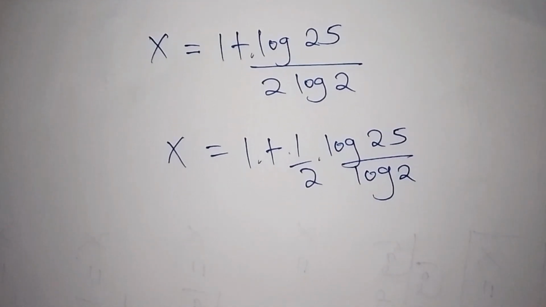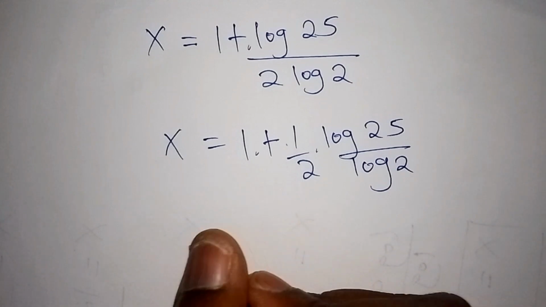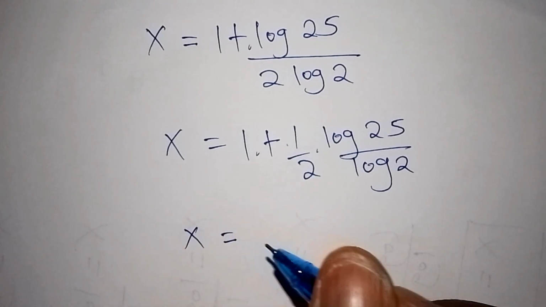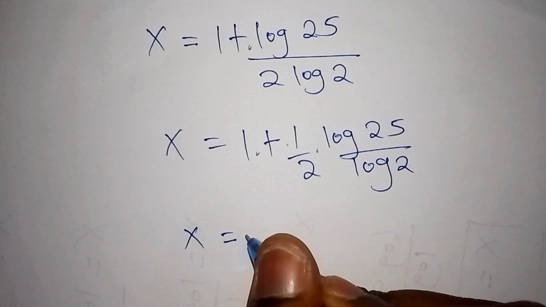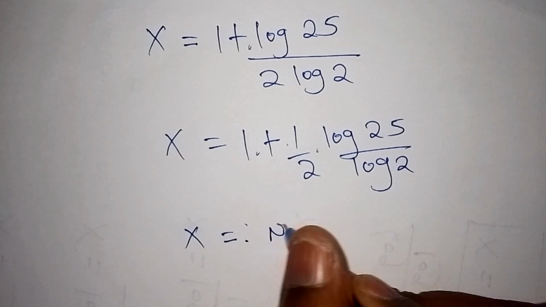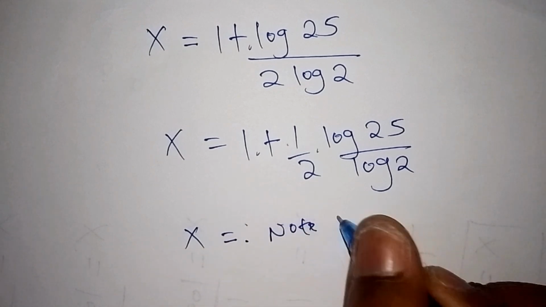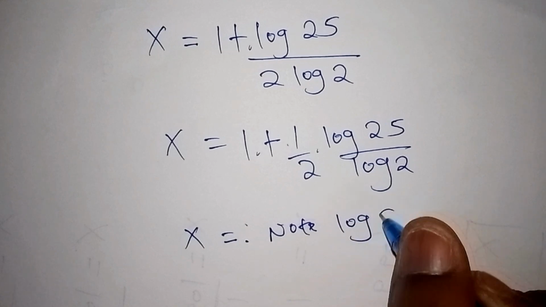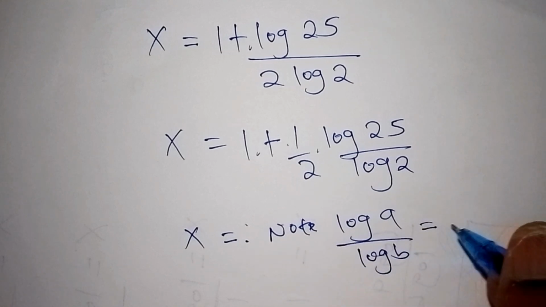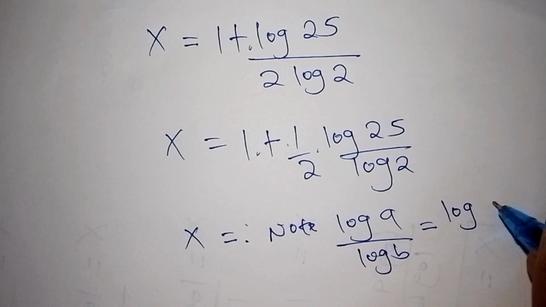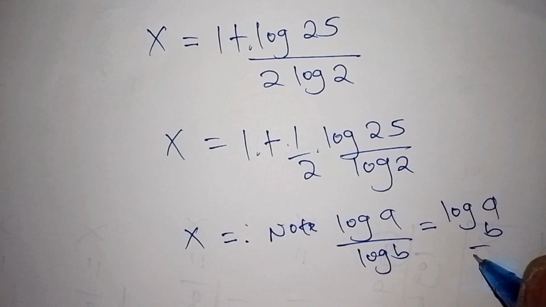Before we find the value of x, I want us to note that suppose we have the log of a all over the log of b. This can also be written as the log of a to the base of b.